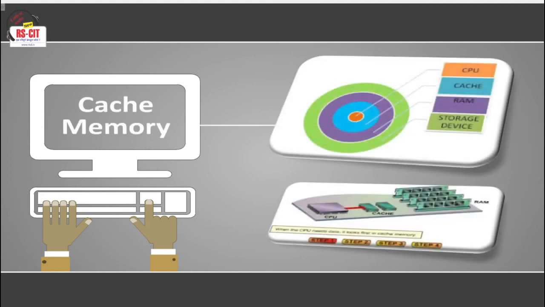Cache memory, also called a CPU cache, is a memory bank that bridges main memory and the processor. Cache memory is a very high-speed semiconductor memory which may speed up the CPU and the main memory. It is used to contain those parts of data and programs which are most frequently used by the CPU.